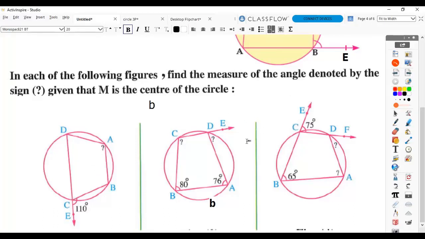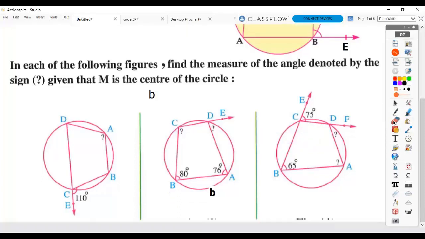So E here would be equal to 110. Here we have exterior equal to the opposite vertex, so this one is 80. And here, two opposite angles, their sum equals 180. Excellent. Then here it will be 104.